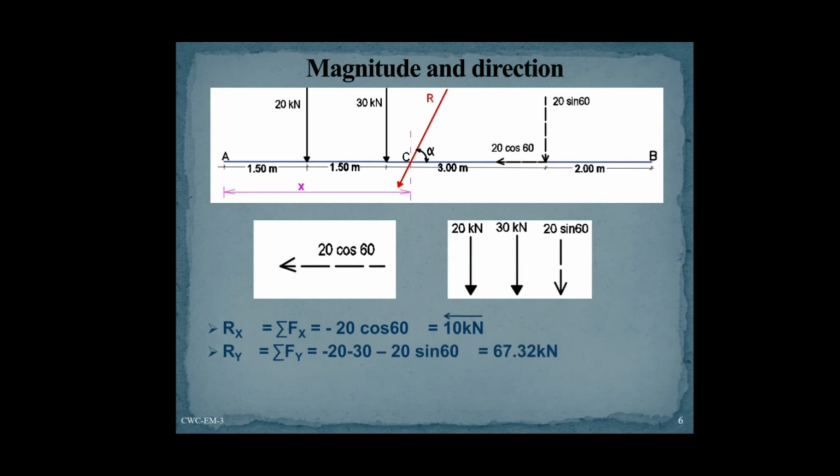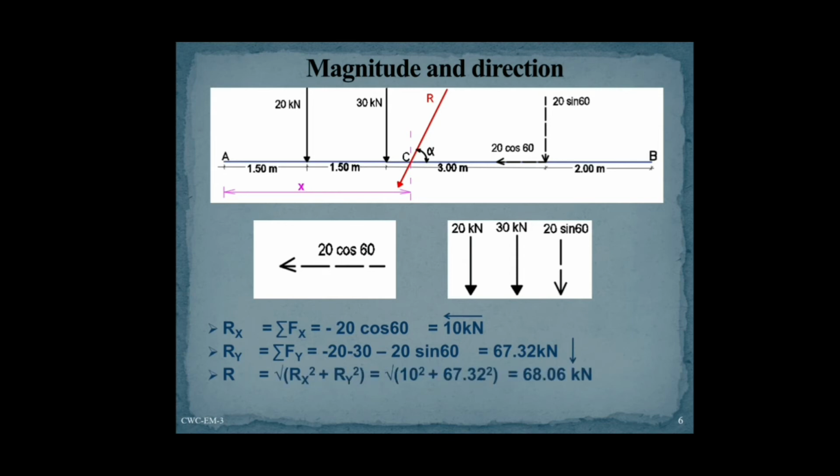Now add up all the vertical forces to get Ry, that is the vertical component of the resultant. Minus 20, minus 30, minus 20 sin 60 will give us a value of 67.32, which is acting downward.